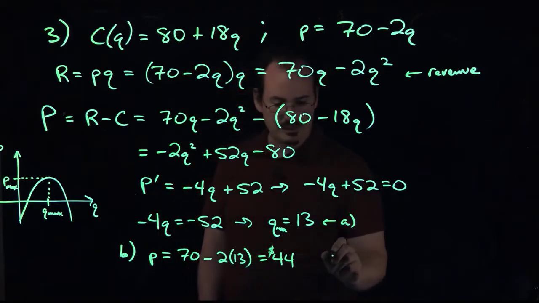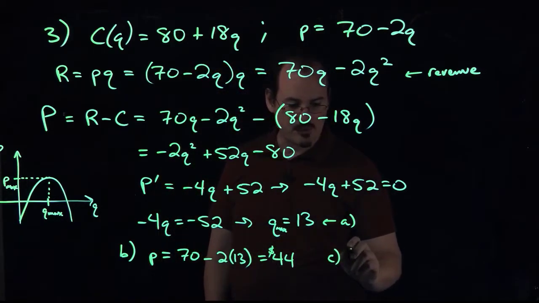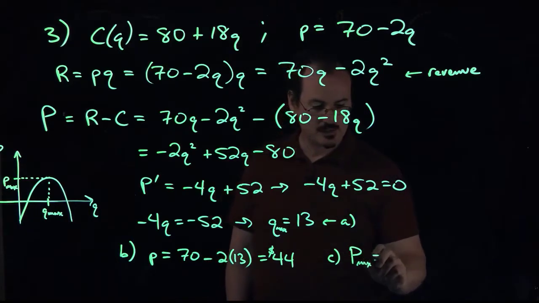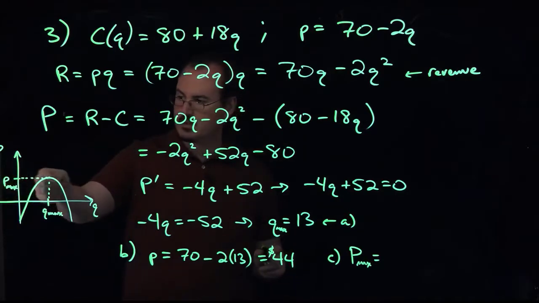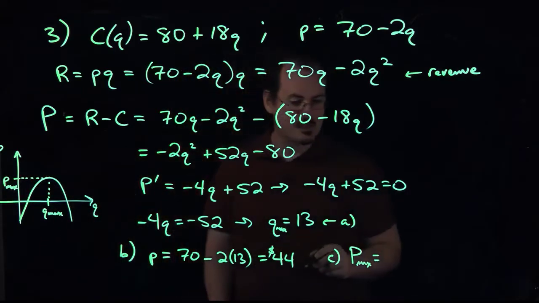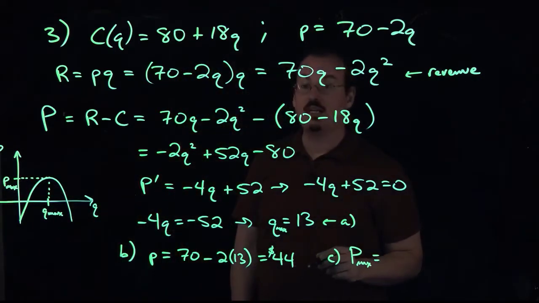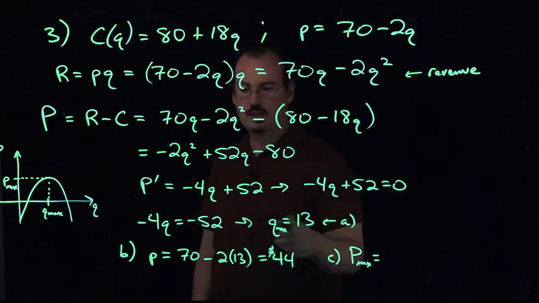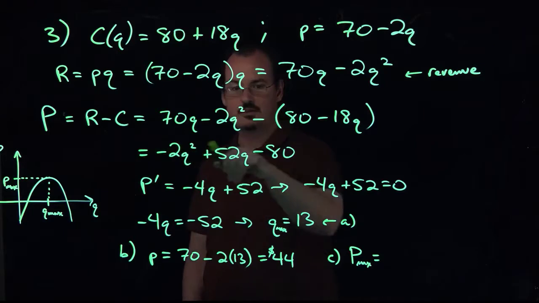And then finally, part C is asking us to find the maximum profit. So that's the big P, call that big P max. That would be the P value that corresponds right there. And that we get by plugging the Q value that we got, the 13, into the profit function right here.